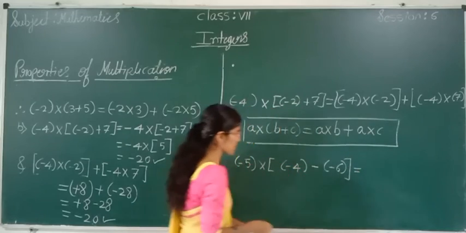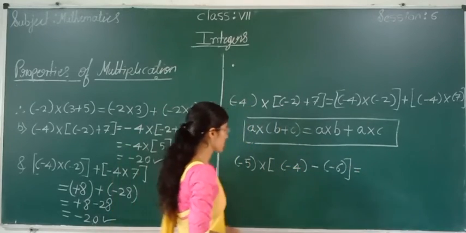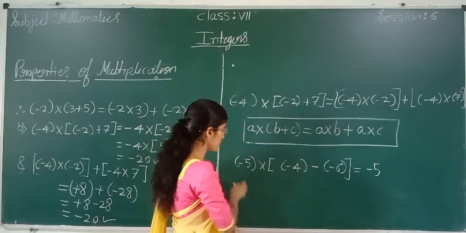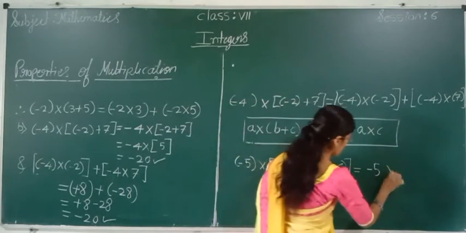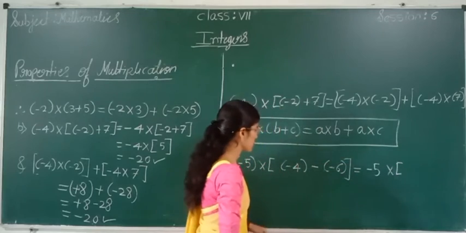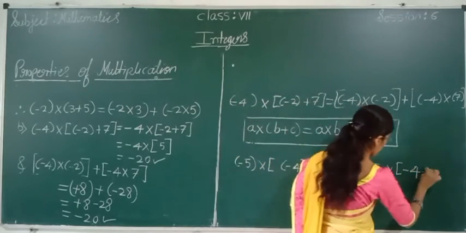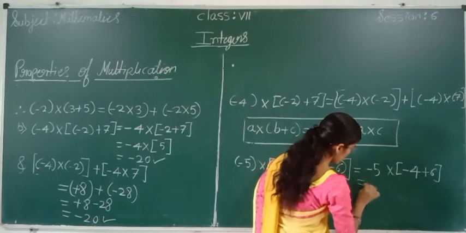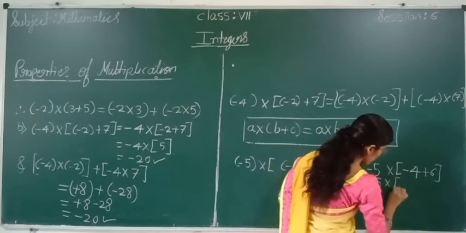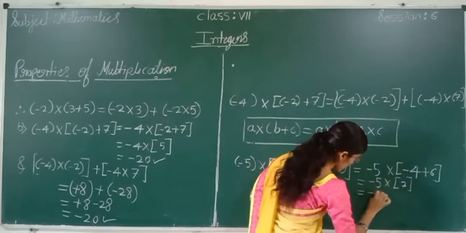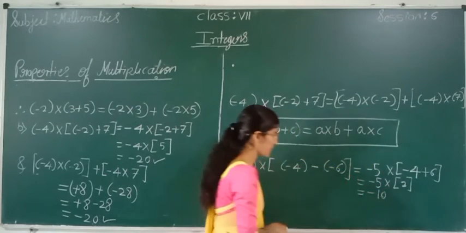We will check this first. Now see here, minus 4 minus of minus 6 is minus 4 plus 6, which is plus 2. 5 2s is 10, minus 10.